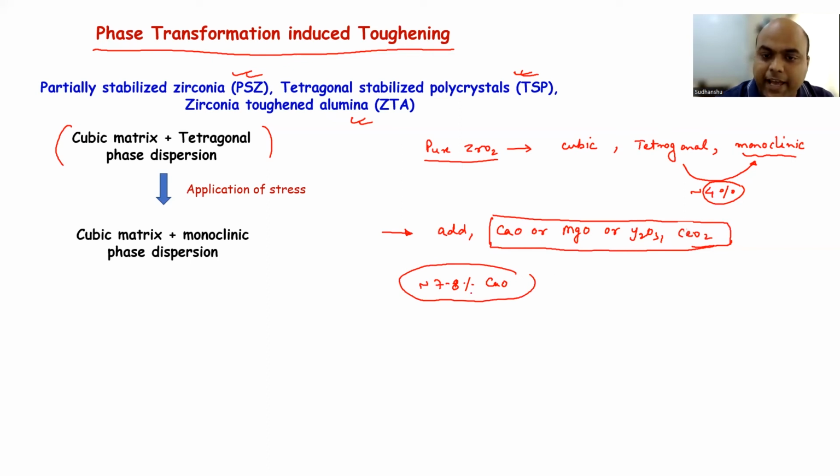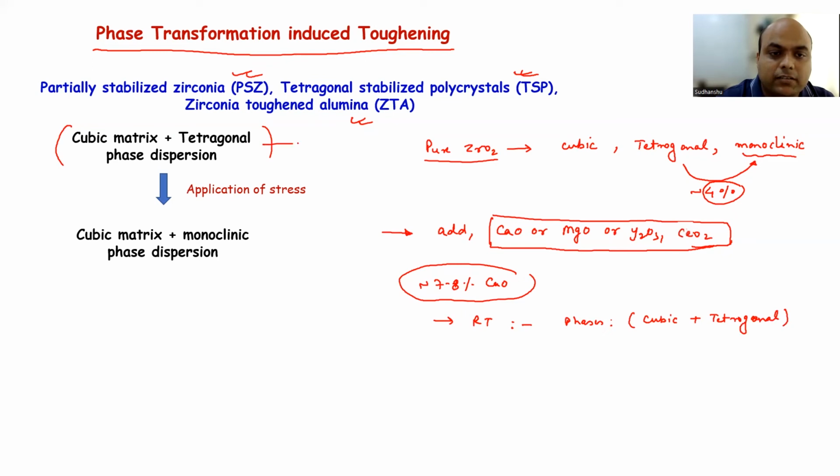Okay, so if I add 7 to 8% CaO in zirconia, you go through the binary phase diagram of zirconia and CaO. You are going to see that at room temperature, the phases will be cubic plus tetragonal.